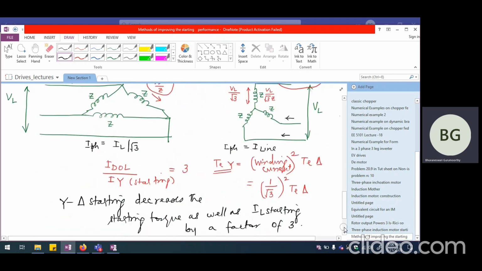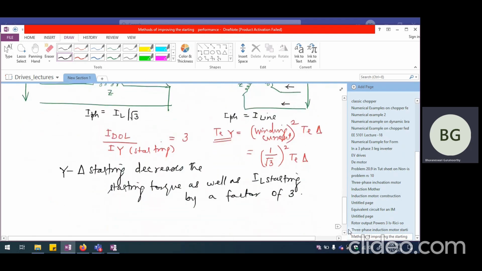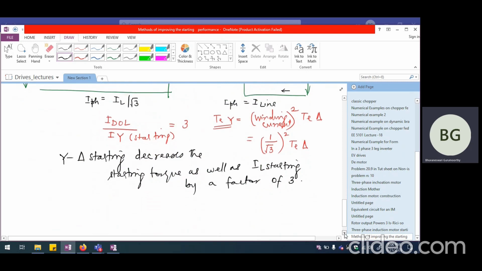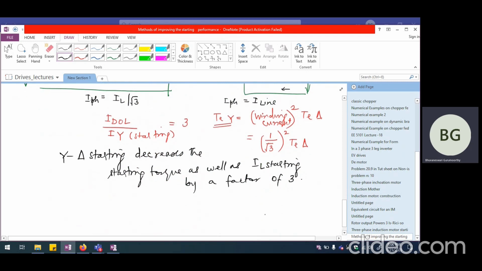So star delta starting is going to emulate the behavior of using an auto transformer with a turns ratio of 1:1/√3. So if I'm going to have an auto transformer with this kind of a turns ratio, the behavior of this kind of a starter will be very similar to star delta starting.